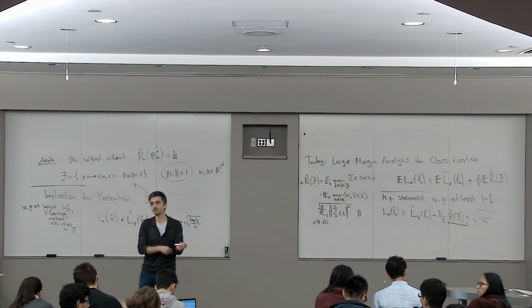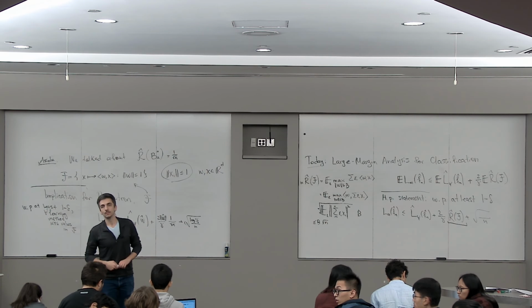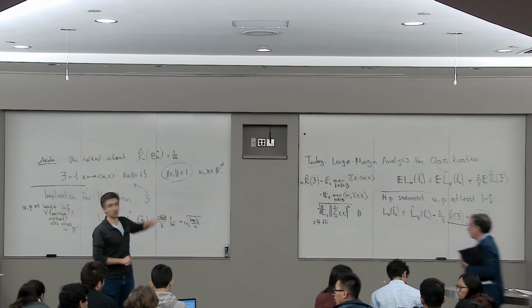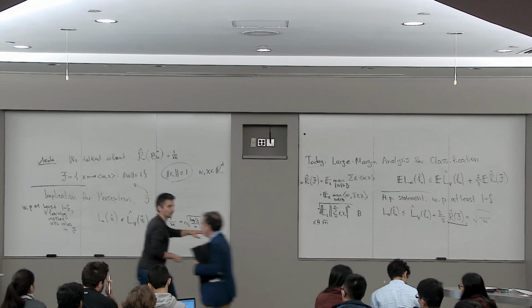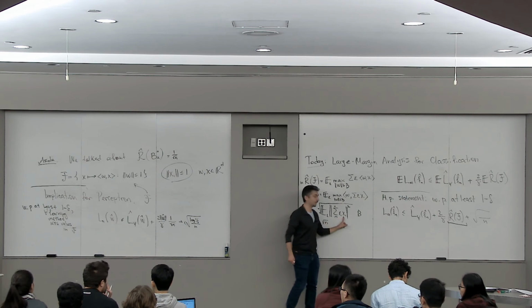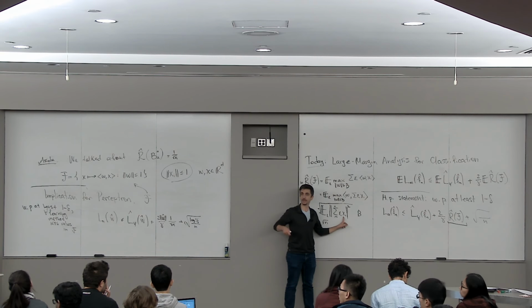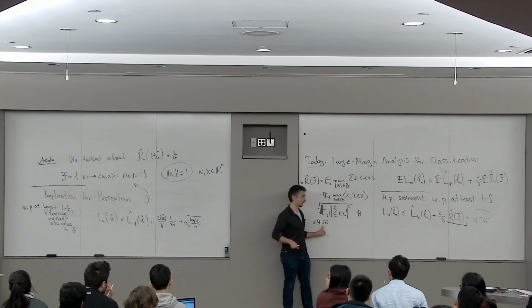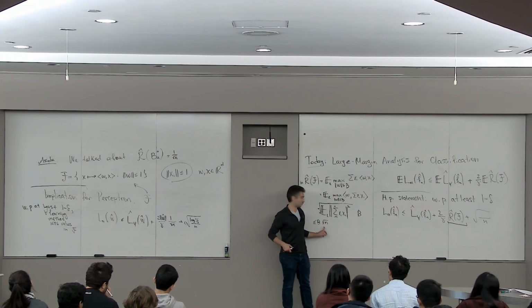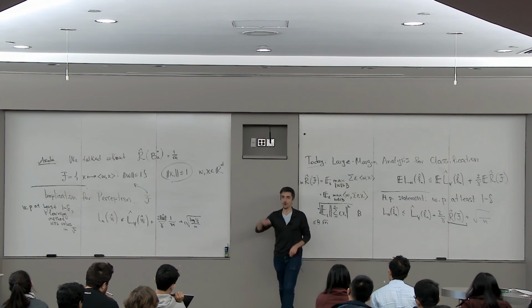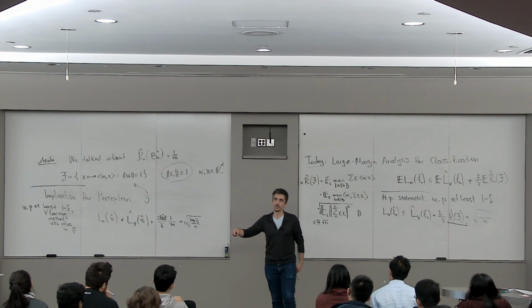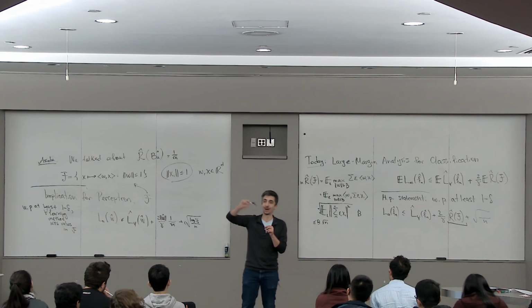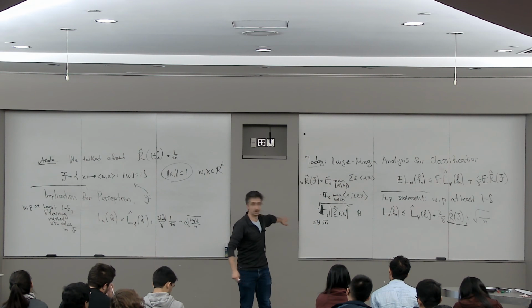Yes? Could this be extended to non-linear kernels? This extends to kernels, yes. You put k of xi here, and then this becomes the square root of the sum of k of xi. And if you have a kernel that has a bounded reach, it's essentially the same value.